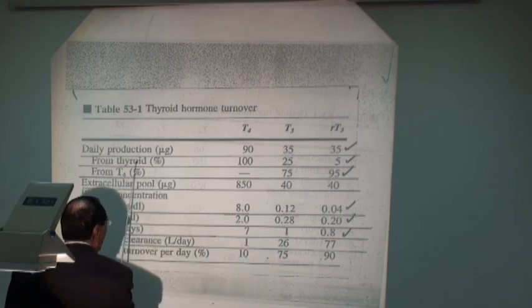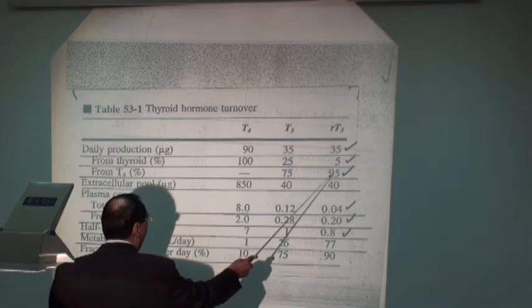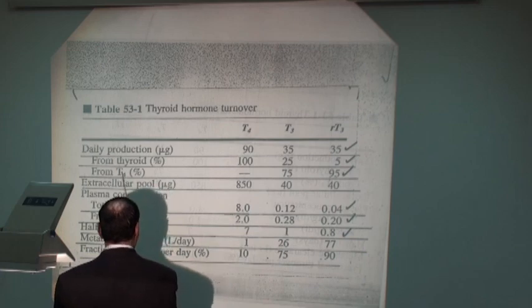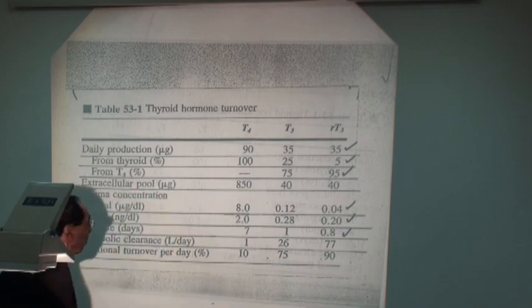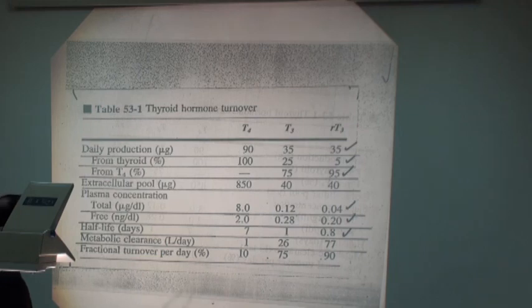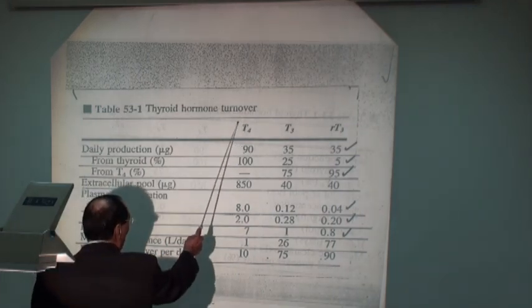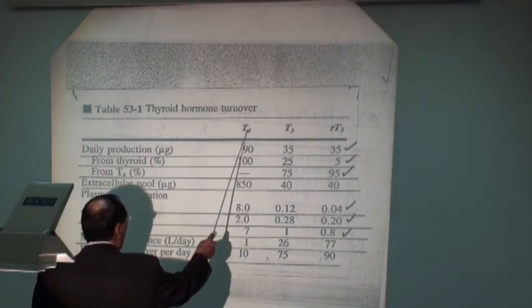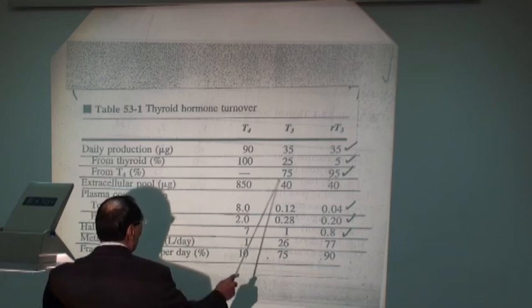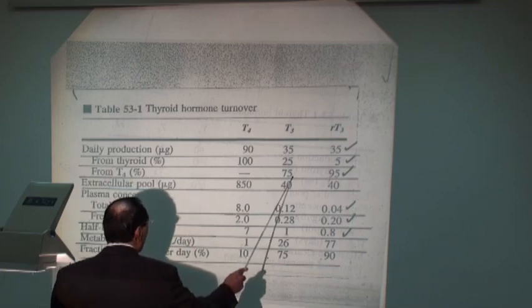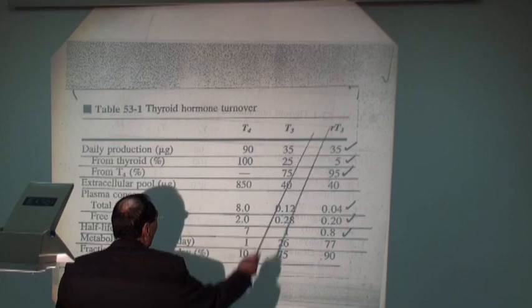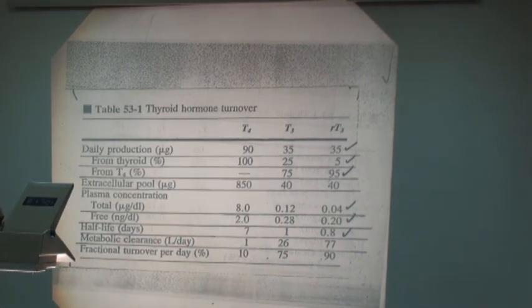Reverse T3: just 5% is from the thyroid, and 95% is from the metabolism of T4. You see, T4 is a prohormone. T4 produces 75% of the T3 and 95% of the reverse T3.